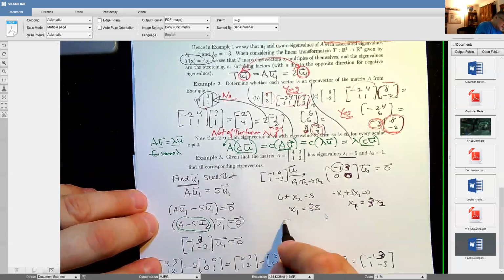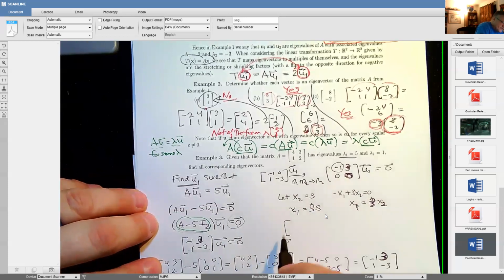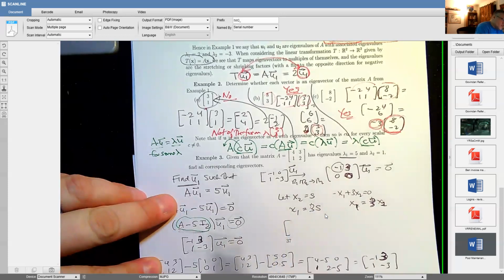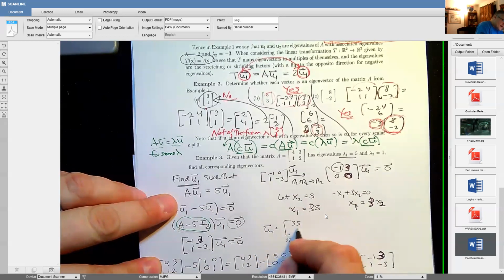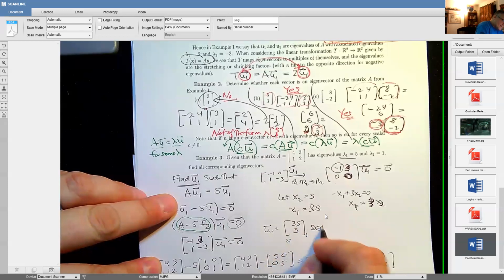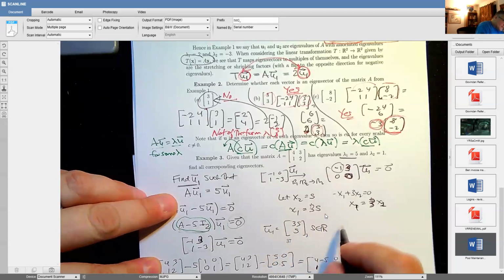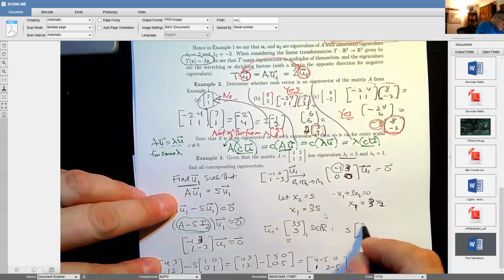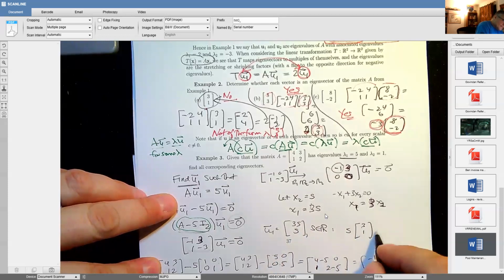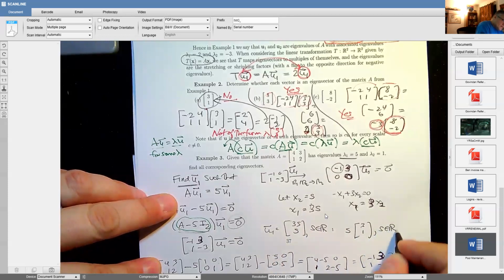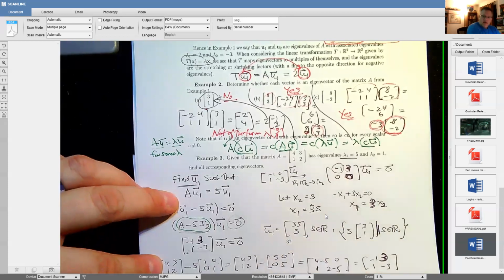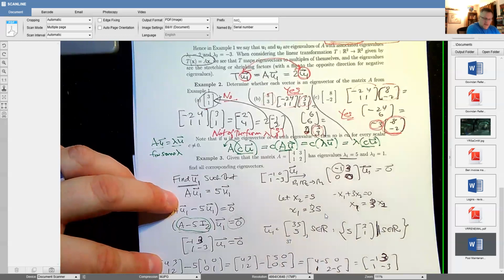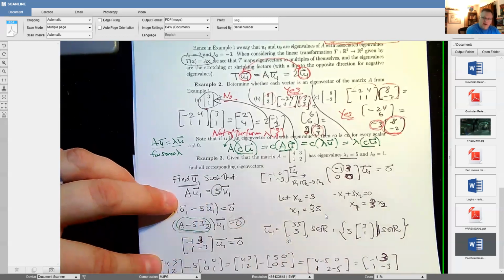All right, and so the eigenvectors, the u1s that work, are (3s, s) where s is in R, and I can pull out the s. That set is all of the eigenvectors that correspond to that eigenvalue.